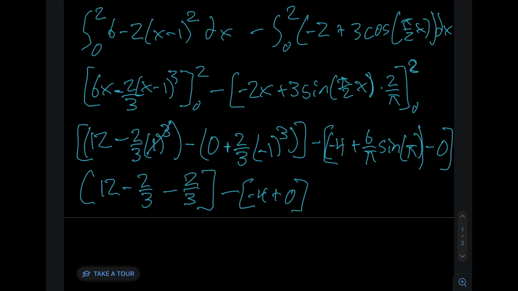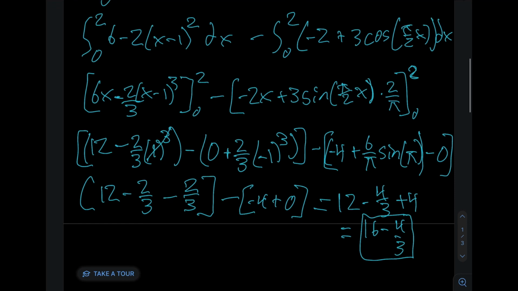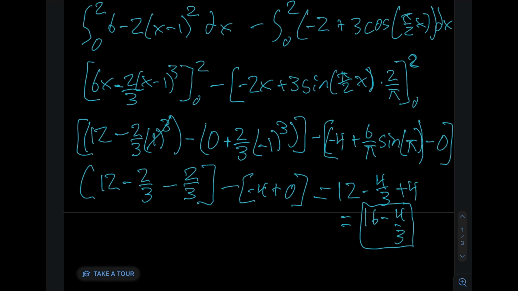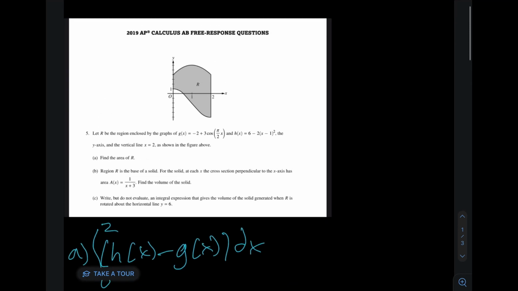And so what this is then going to give, this equals 12 minus 4/3 plus 4. And this is just going to equal 16 minus 4/3. You can simplify that if you want, but you can also just leave it. The College Board will totally accept that as an answer.